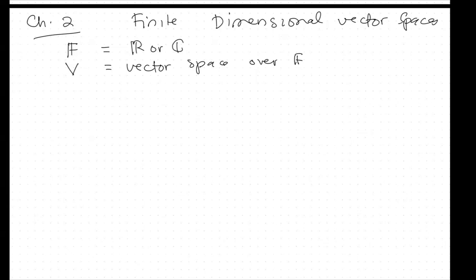And now we will go to the definition of linear combination. Okay, we will set some convention first. This is our convention.